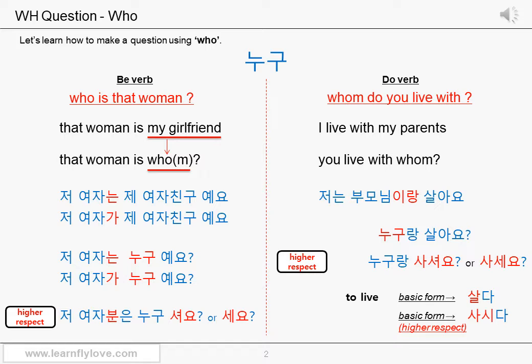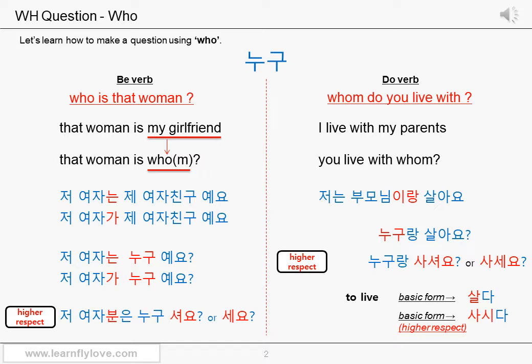And when we are talking about something from a previous sentence or something that the talker and the listener already know what they are talking about, we use 그 for that. Plus, 그 can be regarded as a substitution for the definite article the in English. If you don't remember, please go back to lesson 4 part 1.